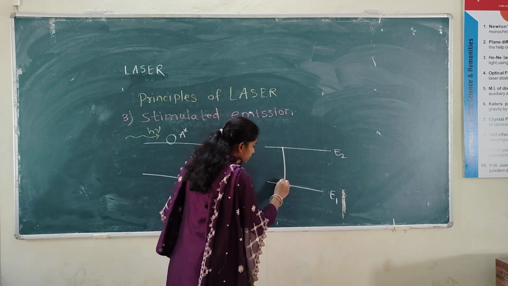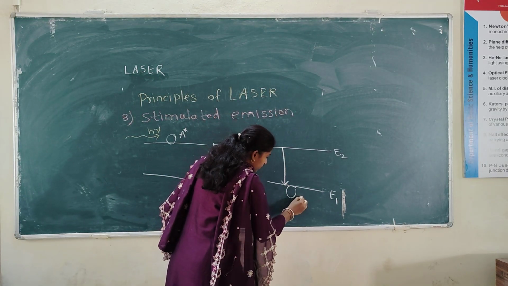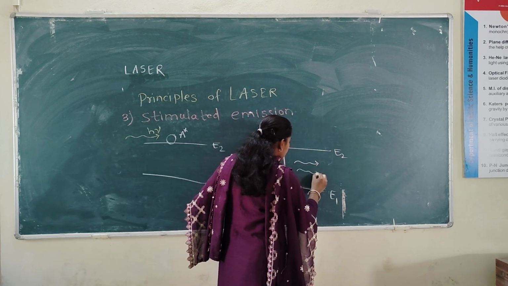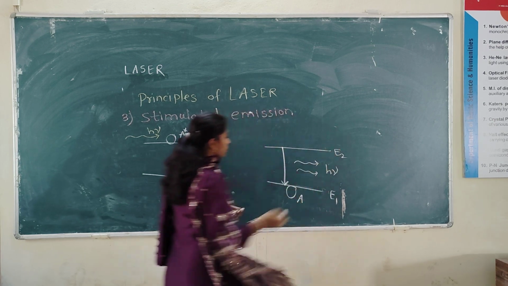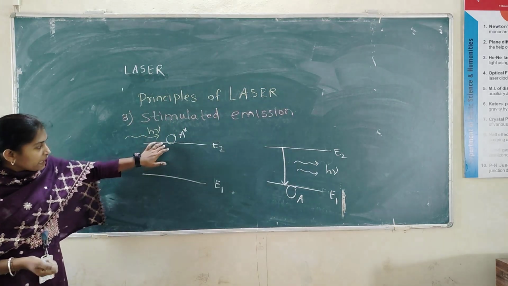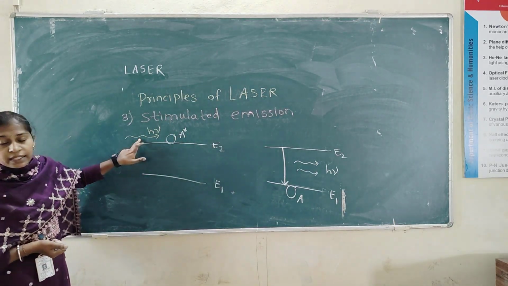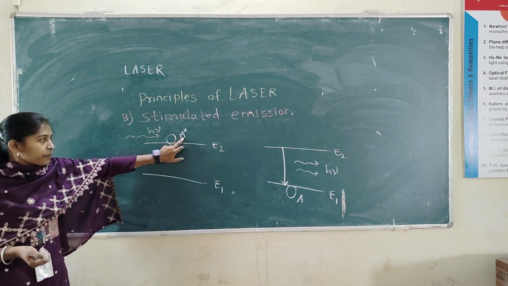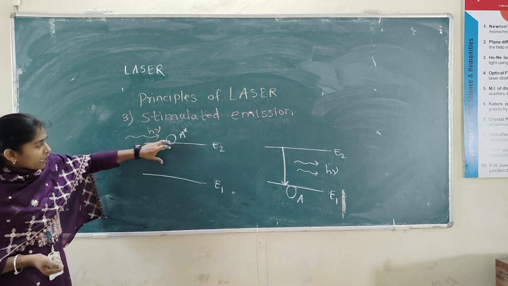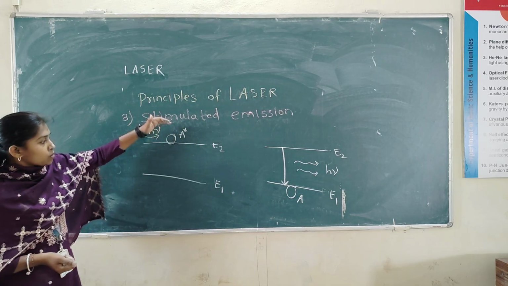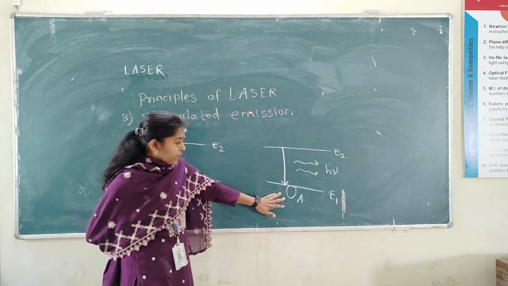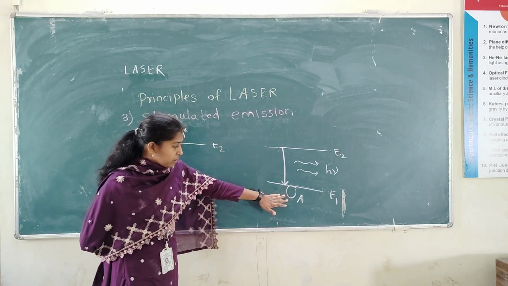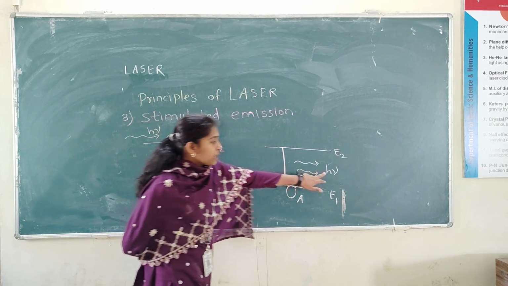Here the atom is initially in excited state E2, then a high energy photon h mu is incident on the excited atom. Then this photon carries this excited atom in a downward direction, and after that it reaches the ground state E1, with emission of energy.